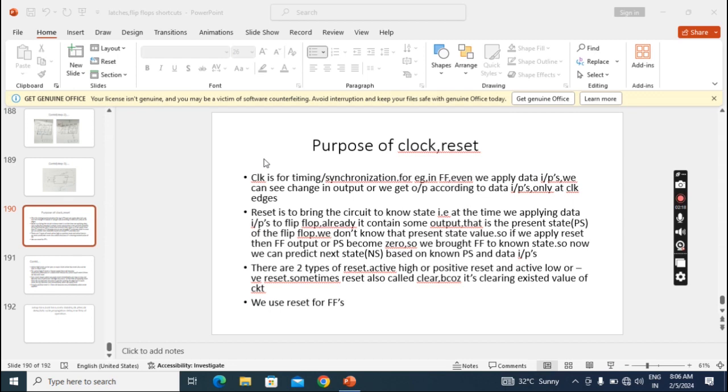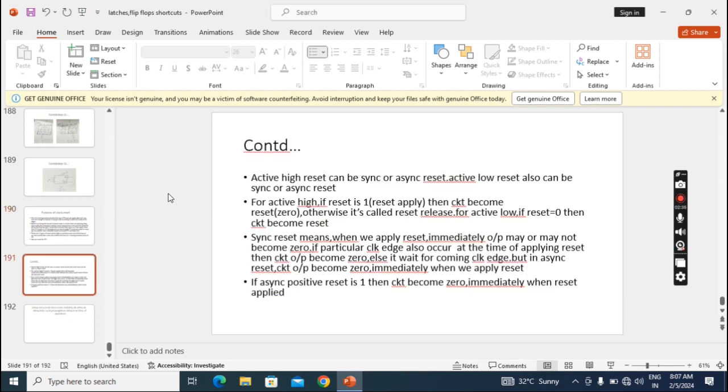Okay, so this reset is of two types: active high or positive reset, and another one is active low or negative reset. Generally we apply reset to the flip-flops. Suppose if we take positive reset, when we apply 1 to the positive reset, the circuit will become reset.